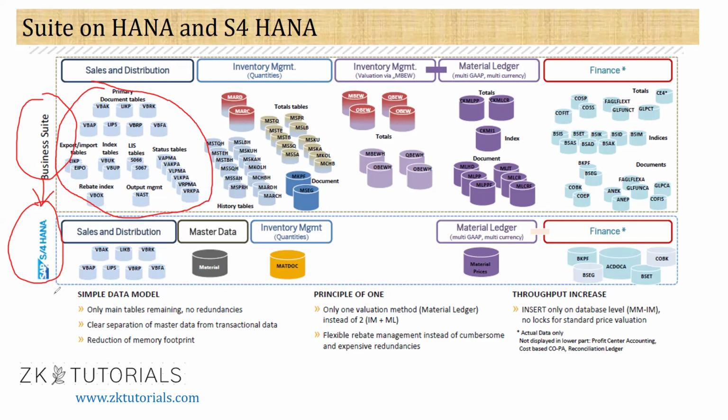Guys, is this clear? The second movement is the database change itself. You can see there are a lot of tables: primary tables, import export tables, indexes, status tables, LIS tables, rebate index, output management.